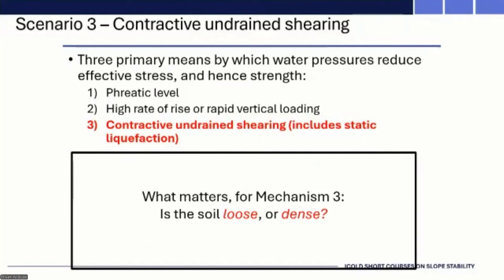In terms of thinking about this, what's key for mechanism 3, and whether it develops or not, is whether the soil is loose or dense. Of course, we have to tie it back to something that's a relative measure of density.